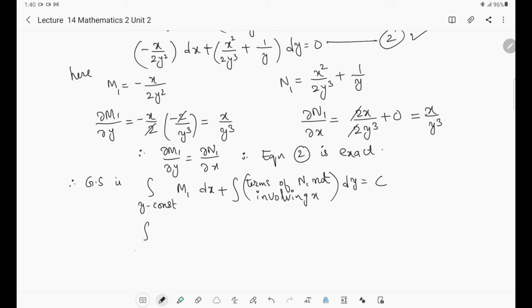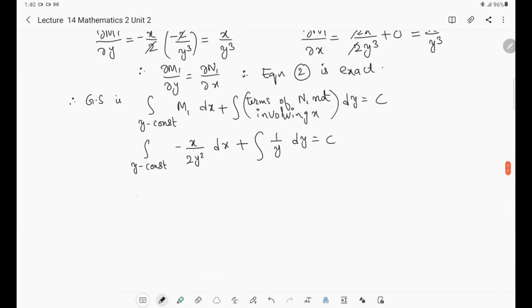So let us write this. Integral with y constant, m1 is minus x by 2y square into dx, plus integral of terms of n1 not involving x. Here x is there, so 1 by y is not involving x, 1 by y we have to write here, into dy equal to c.